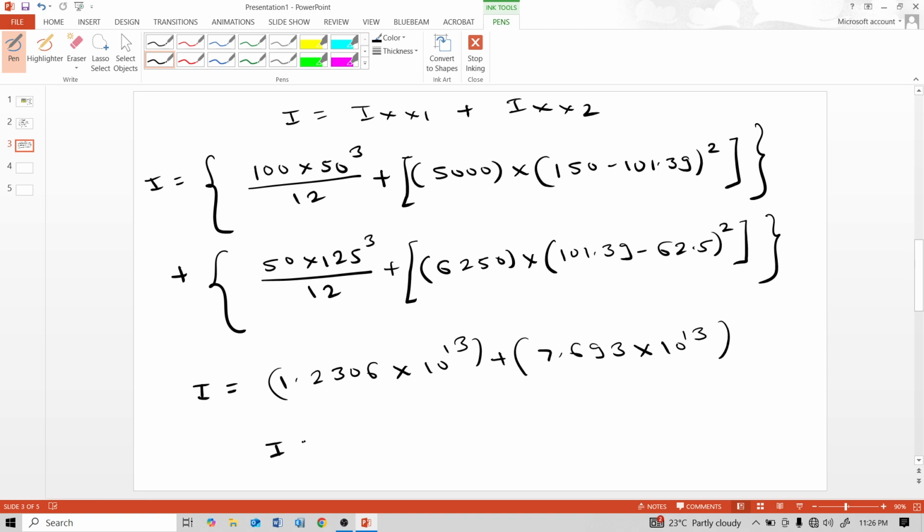That means I is equal to 7.693 plus 1.2306, that is 8.9236 into 10 raised to 13 mm raised to 4, the moment of inertia for that T section.